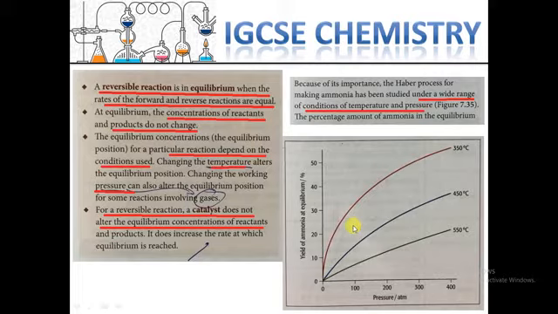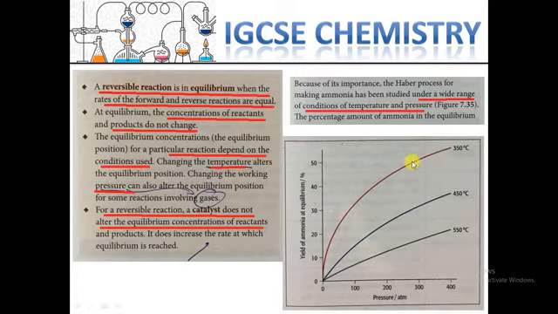So between these three, and this side also, this side shows you the yield of ammonia at equilibrium, as a percentage. So this is the amount of products, the yield of product.